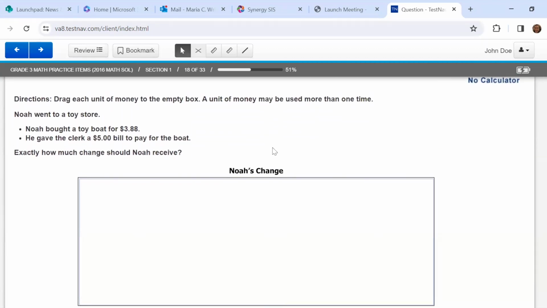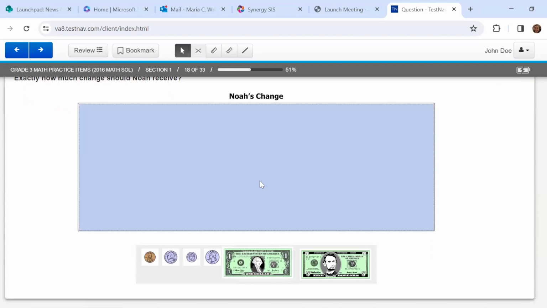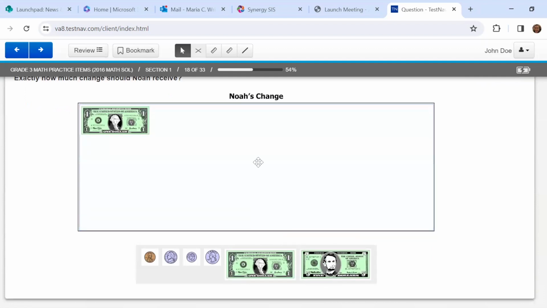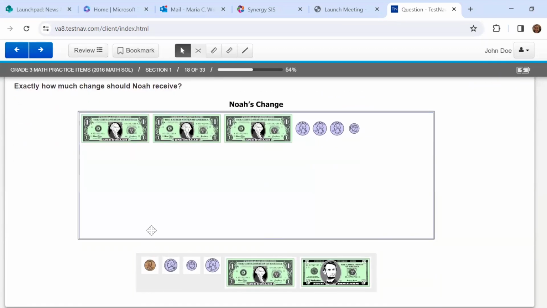So a common mistake students make is they see the first number, $3.88, and they just drag in, not the 5, $3, 25, 50, 75, 85, 86, 87, 88.